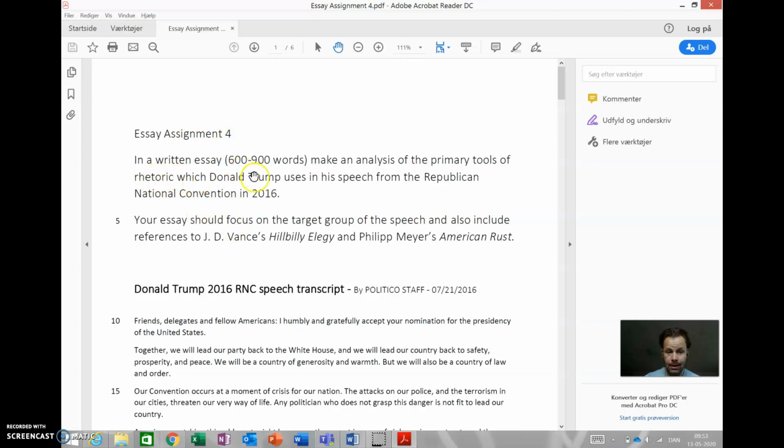In a written essay of 600 to 900 words, you are to analyze the primary tools of rhetoric which Donald Trump uses in his speech from the Republican National Convention in 2016. Now, the Republican National Convention is a convention held to celebrate the election of the Republican Party's candidate for the presidential election.